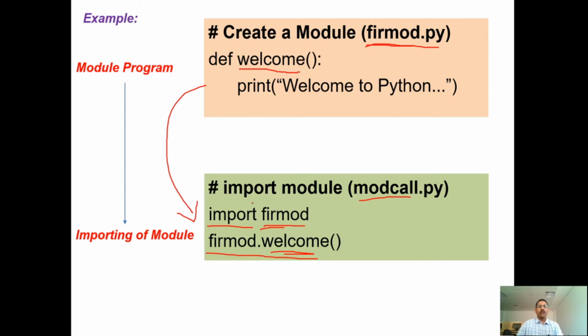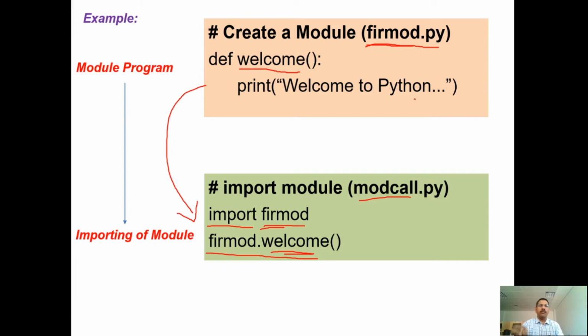We call it with the first file's name dot welcome. Automatically the control is transferred there and you will get the answer, welcome to Python. Great, so we need to write two programs. The first file has the complete operation, and we just call it from the second.